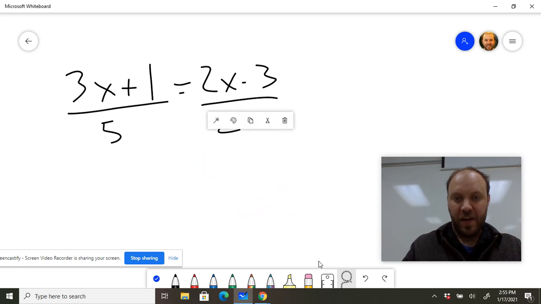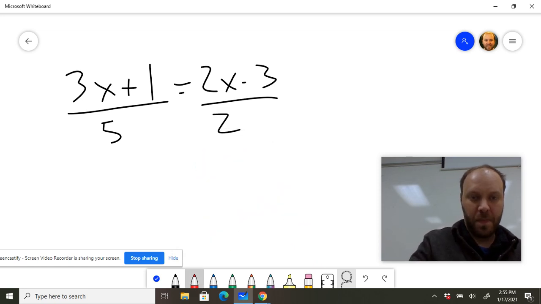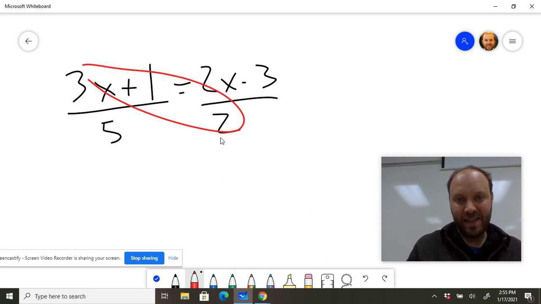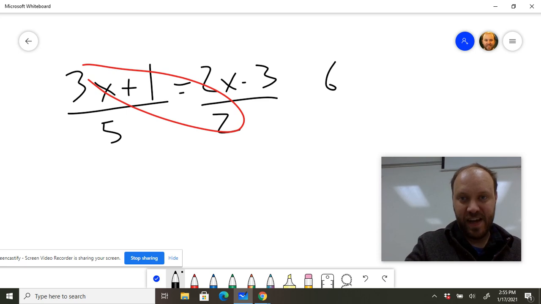So I know that the cross products will be equal, and so I can multiply those out. I can basically set those equal. You can write this as 2 times the quantity 3x plus 1. I prefer just to multiply everything by 2 and not actually show that. So I usually just take 2 times 3x is 6x, and 2 times 1 is 2.